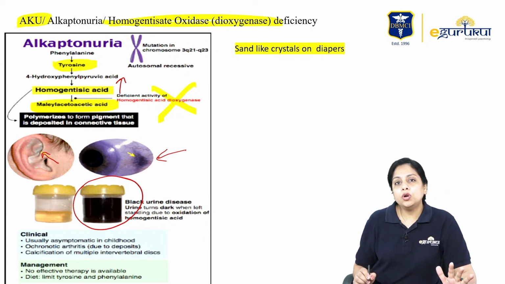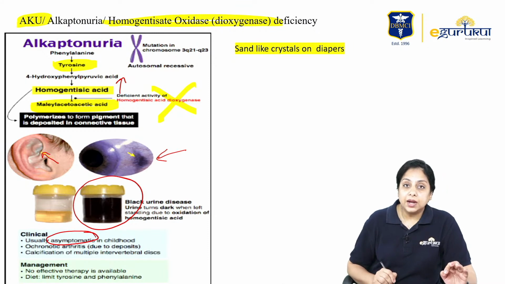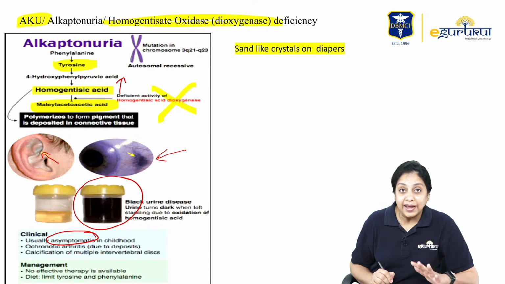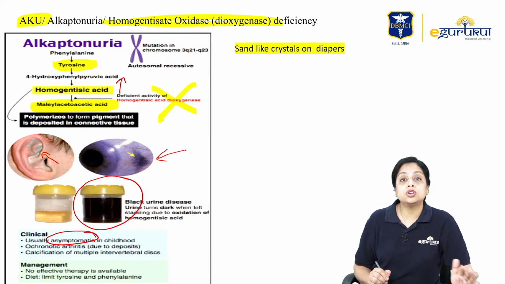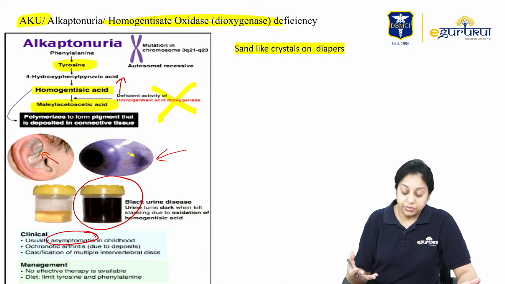And when we talk about the symptoms, it is asymptomatic in childhood. Not only this black urine, we will see lots of symptoms such as back pain, arthritic kind of changes, right? And what is the management?